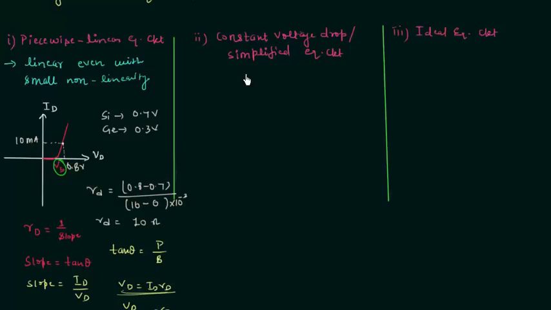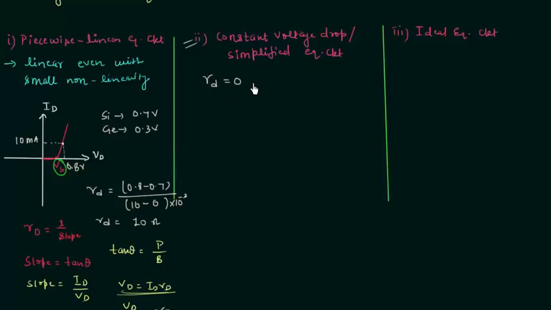In electrical circuits, resistance of diode is very small as compared to the resistance of other elements, so it can be neglected. There are two assumptions in the second model. In first assumption, we have to consider the linear curve instead of a small non-linearity, and in the second assumption we will consider the diode resistance Rd equal to 0.